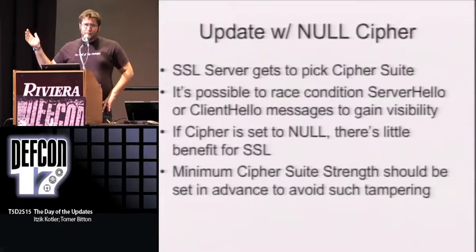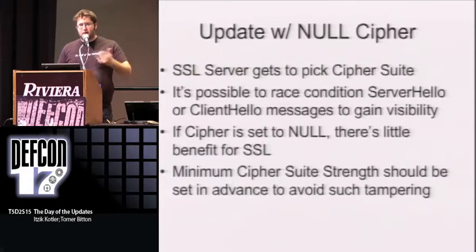Now, it is possible to race condition the SSL handshake, basically giving the server the idea that the client has only a null cipher to offer, and making the client believe the server offers a null cipher. The result will be a legitimate SSL connection negotiated on a null cipher, so it doesn't actually do anything productive.